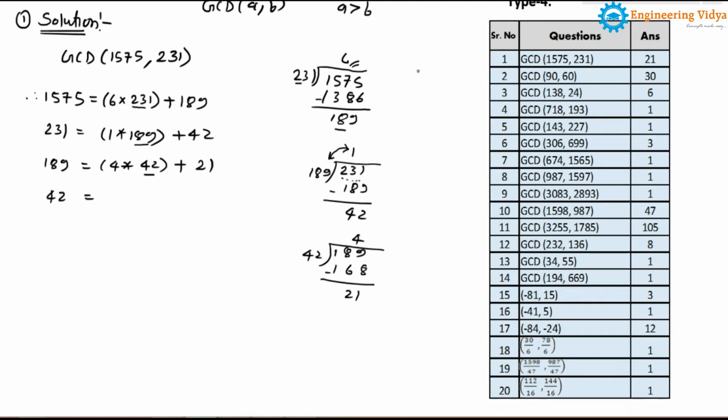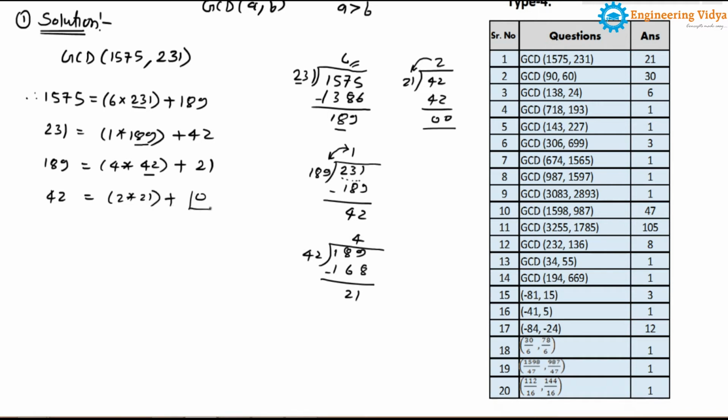Since we have 42, again we'll write 42 and divide it by 21. It will go 2 times, and 42 will come, and the remainder will be 0. So here we'll write 2 into 21 plus the remainder 0.